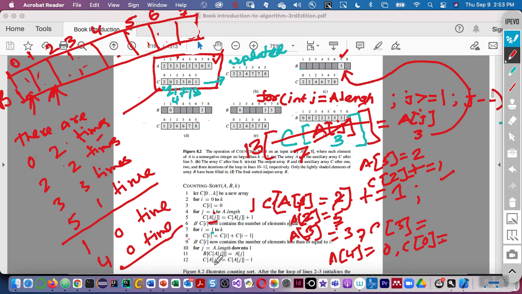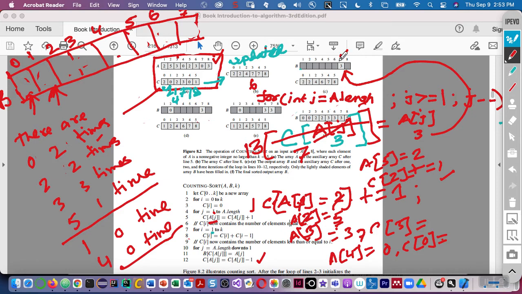See that C of aj, that means C of 3. What is my C of 3 value? 7. It no longer will be 7. We need to decrease it by 1, because the next time if 3 exists, that position will be 6.